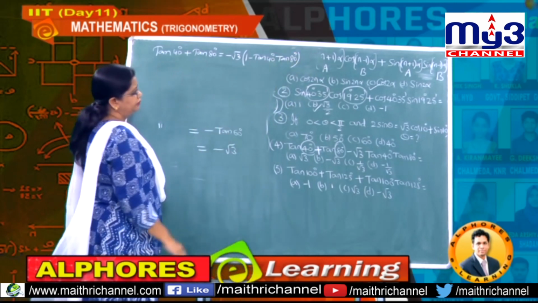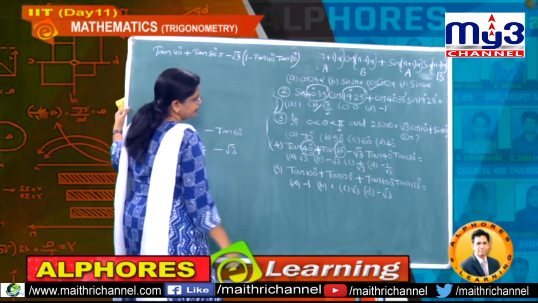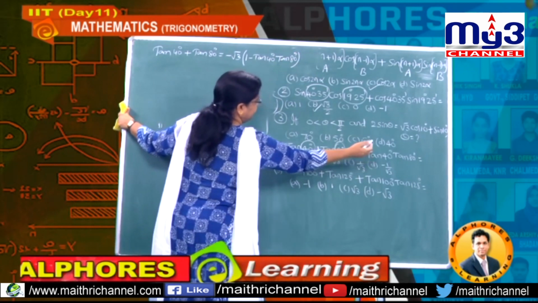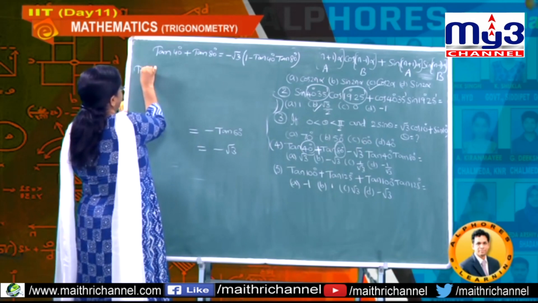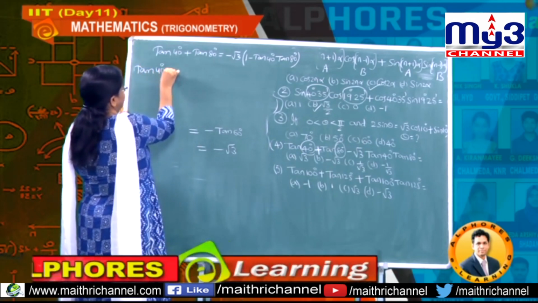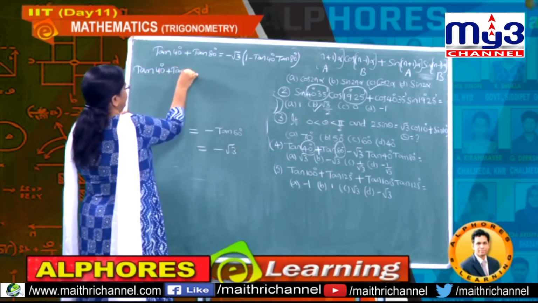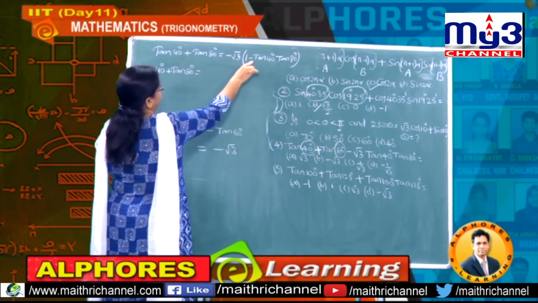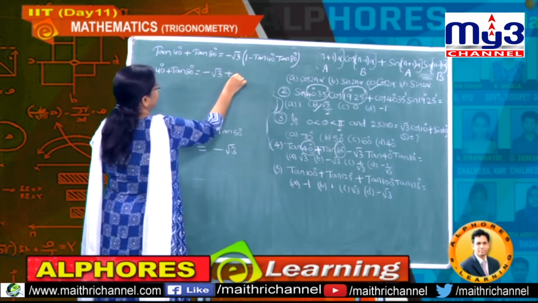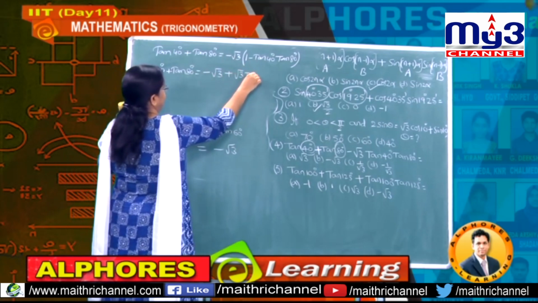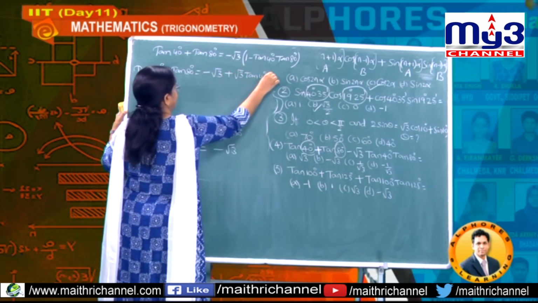Now we require the root 3 value also on this side. Therefore let us write tan 40 degrees plus tan 80 degrees equal to, let us multiply, minus into minus plus root 3 times tan 40 into tan 80 degrees, got it.